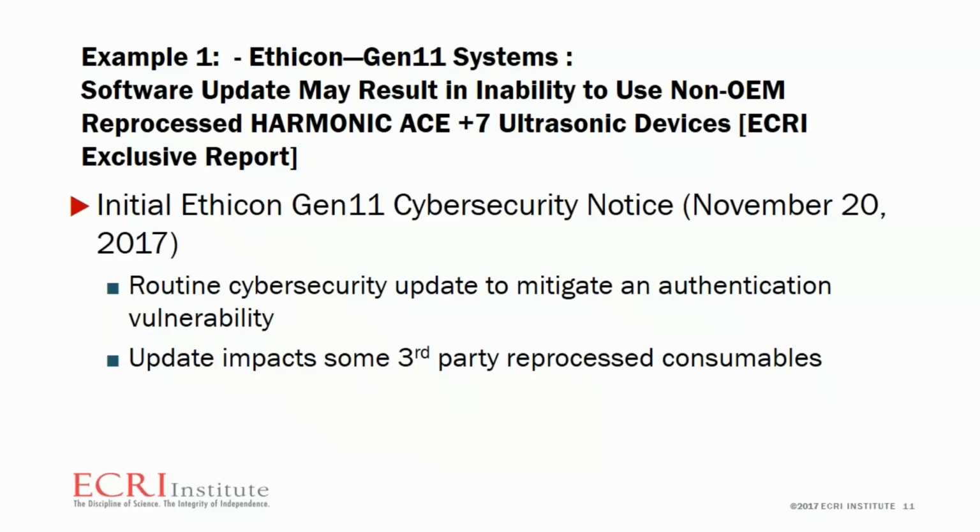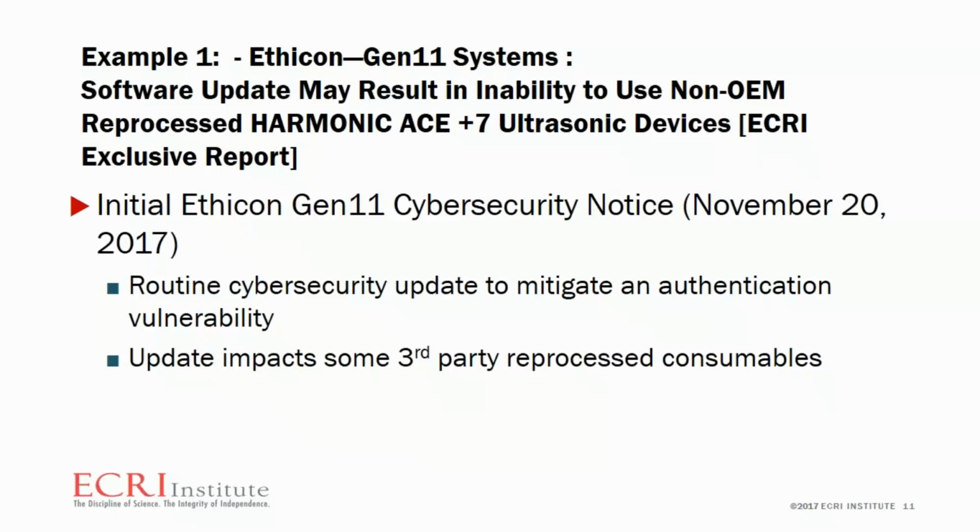So this was described in this initial communication as just a routine cybersecurity update to mitigate an authentication vulnerability. However, the update itself actually impacted the ability to use some third-party reprocessed consumables, and that caused a lot of concern for ECRI's members, and frankly, a lot of confusion.